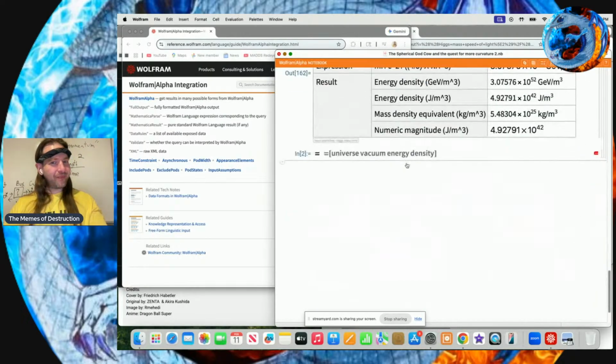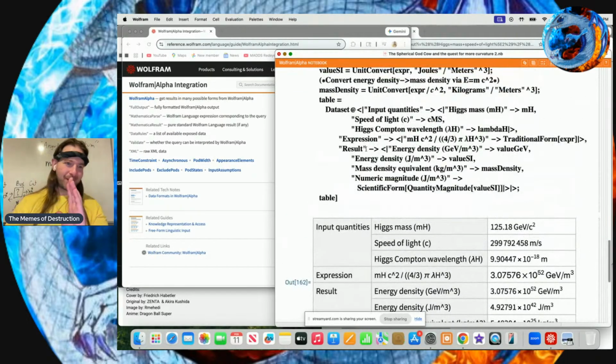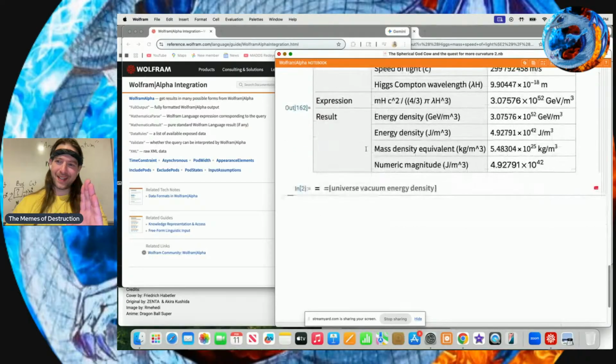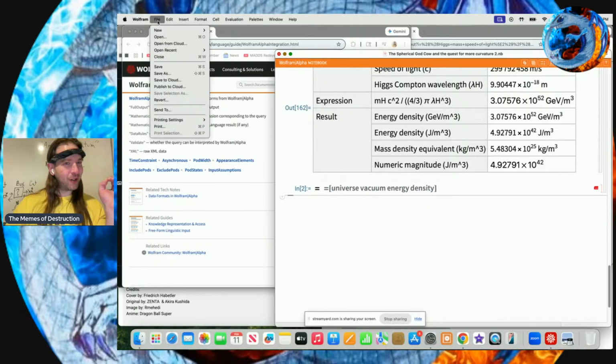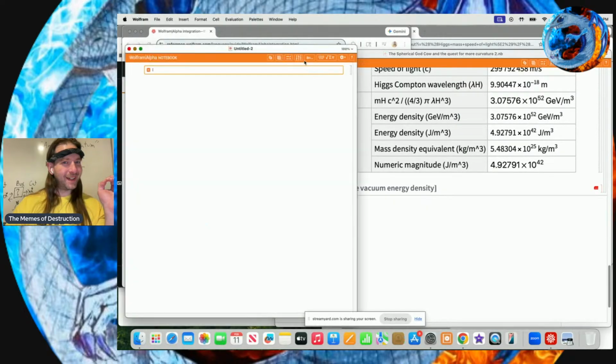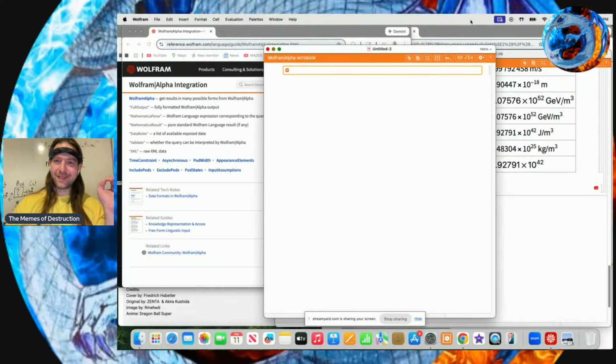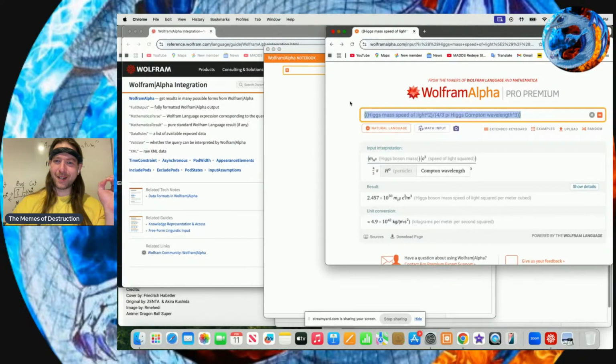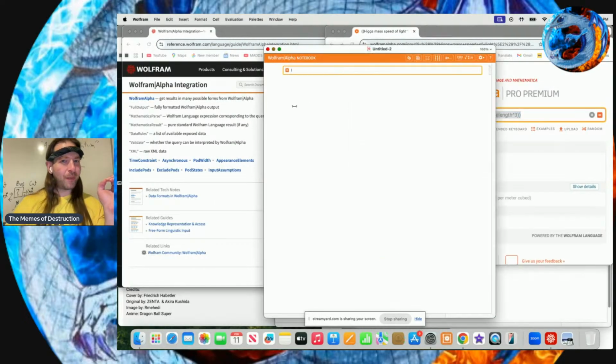All right, so we're going to attempt to use the notebook assistant again. Let's try something. Let's open a new notebook. We're going to test something. What we're going to do is take a computation that we may have done on Wolfram Alpha itself. It's big in this so we can all see.